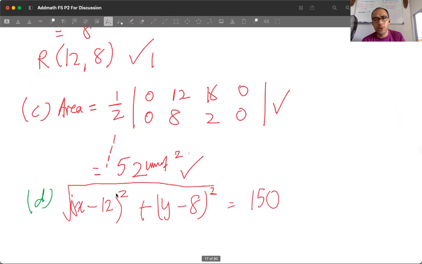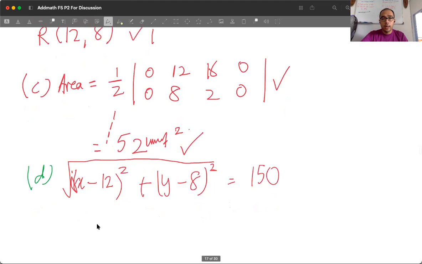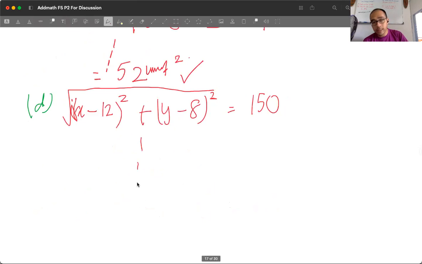The only formula that we use for locus is the distance between 2 points. And the point that we do not know is the point of the locus, it must be x and y. So when you've settled this, and so on.